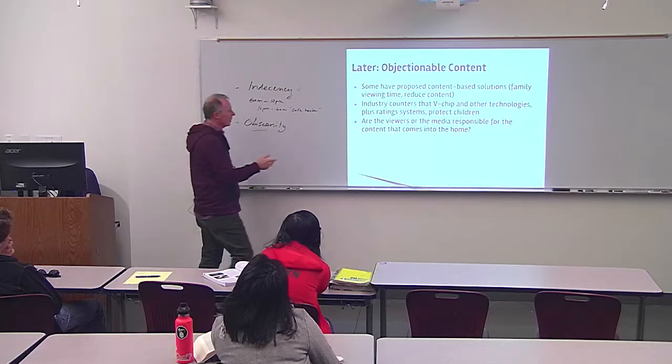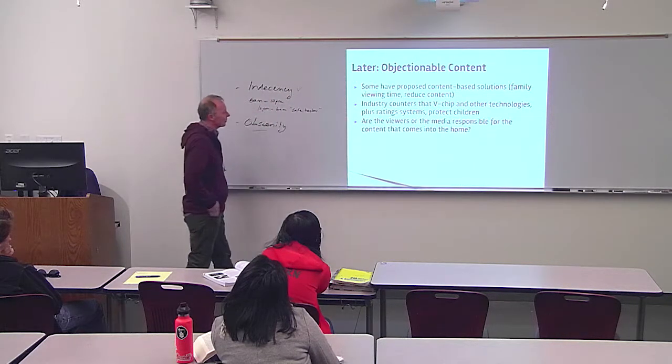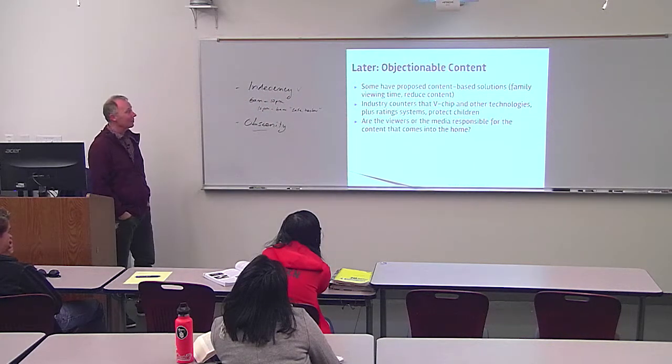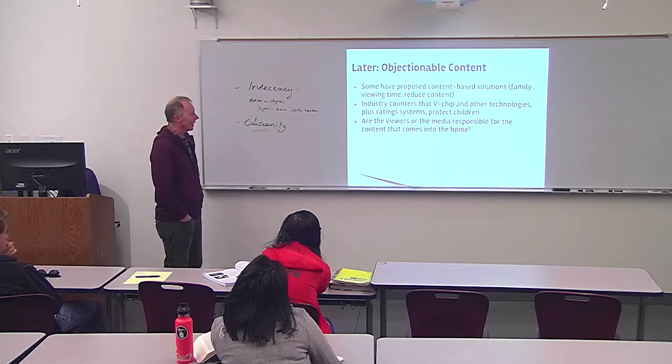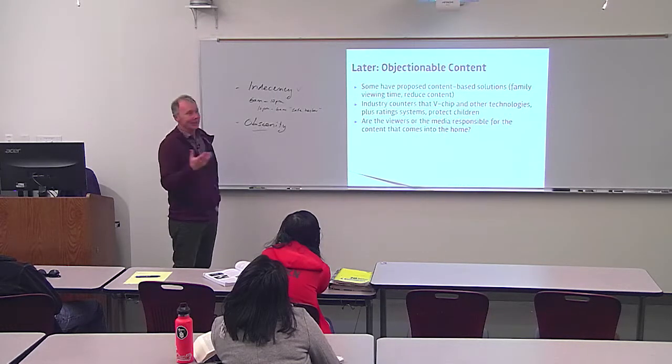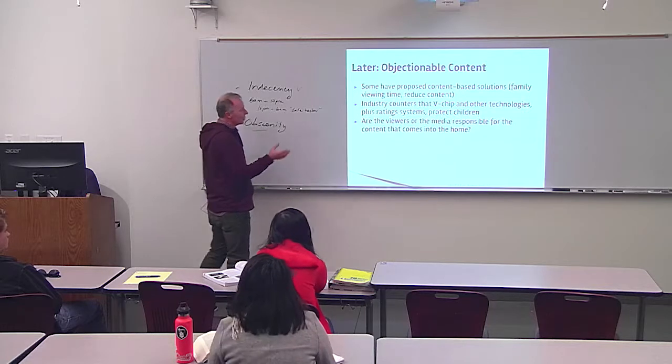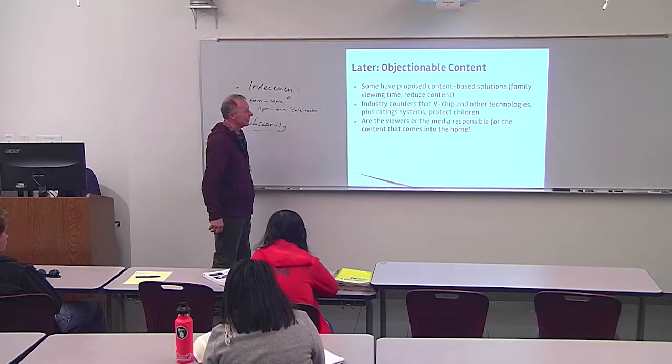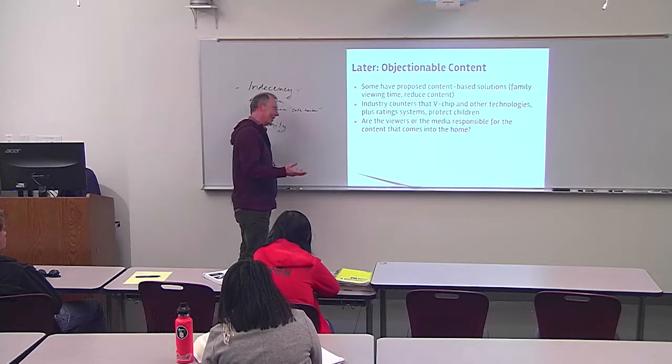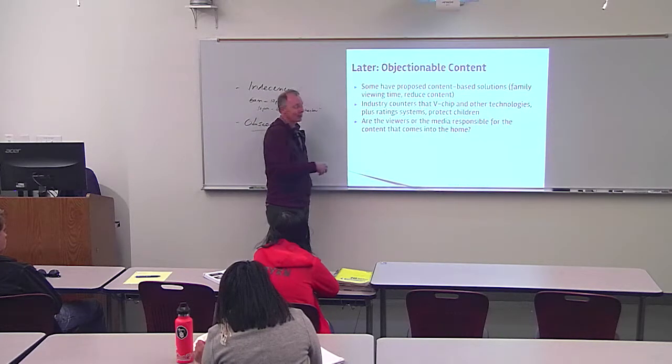And we touched on this question: are the viewers of the media responsible for the content that comes into the home? In terms of this big question of protecting kids from different types of content, in an earlier generation there was a V-chip.